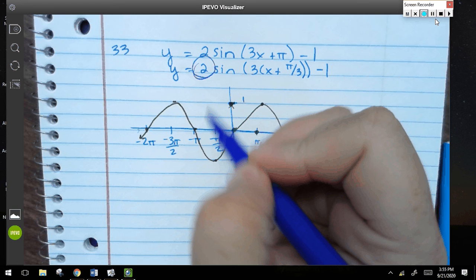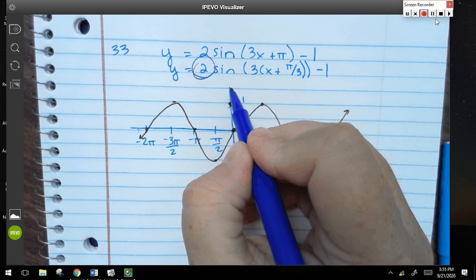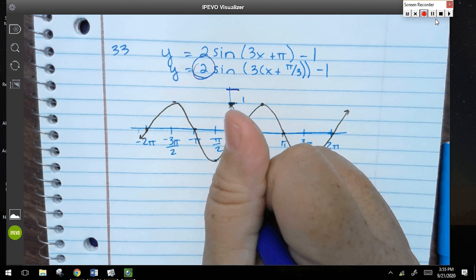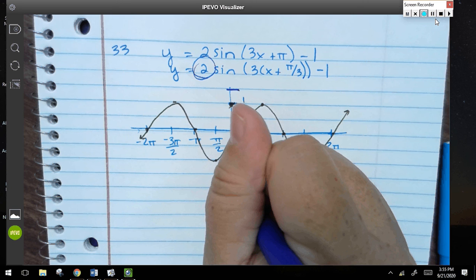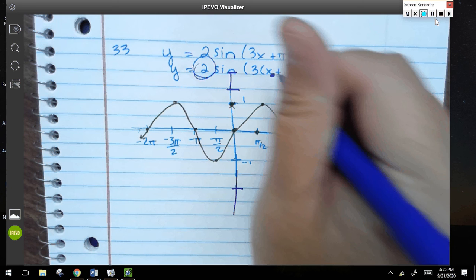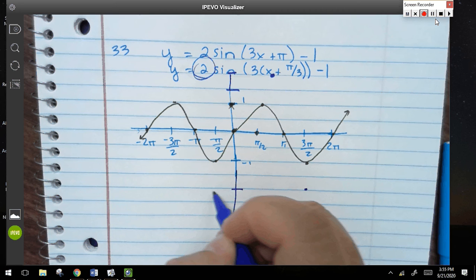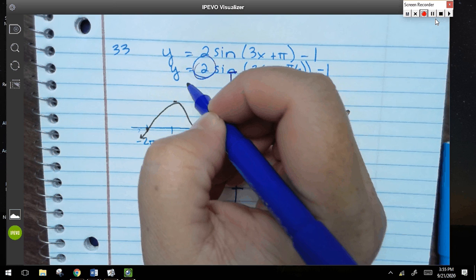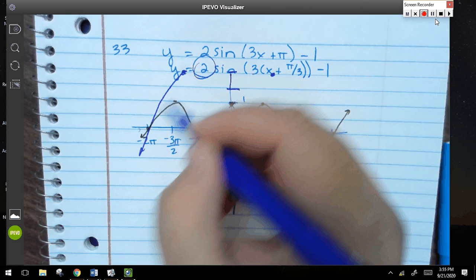Now, because essentially this problem only asked us for domain and range, before we worry about period, we worry about the horizontal shrink, which is really going to be our frequency.